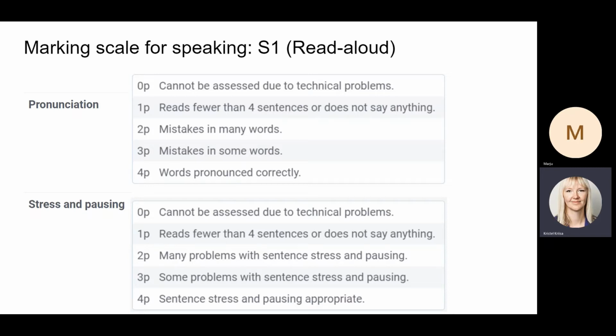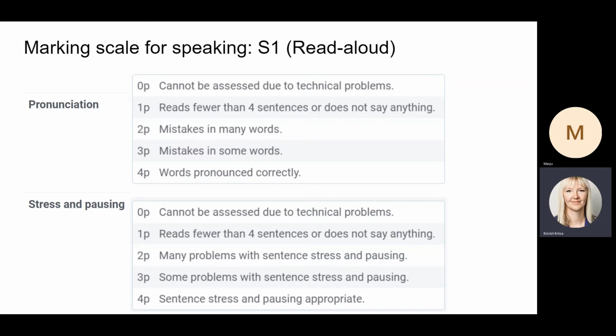You can hear that the student is saying something, but you cannot really understand much. This can happen, for example, when the internet connection in the school is not very good. And in such cases, you should mark both aspects with 0 points. So as you can see, it says cannot be assessed due to technical problems.